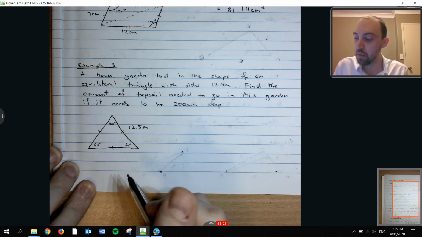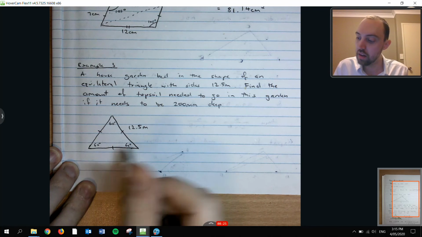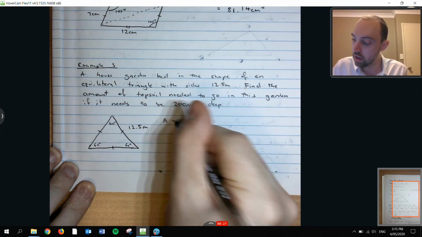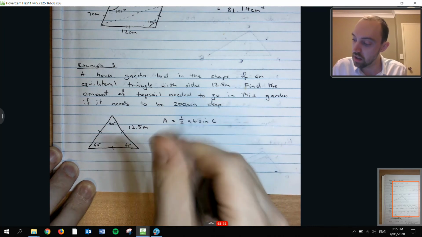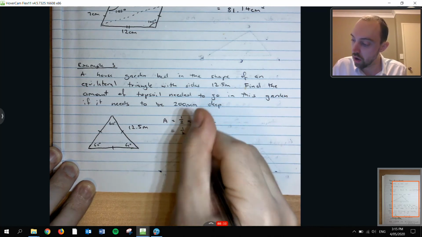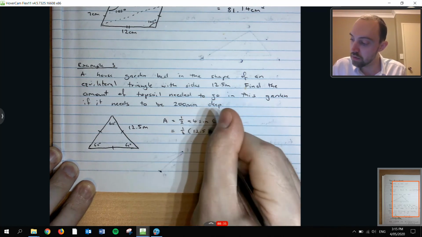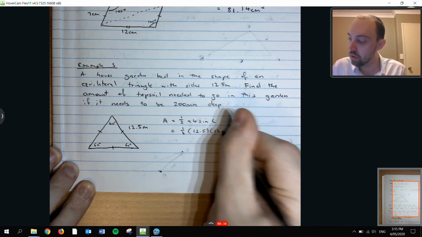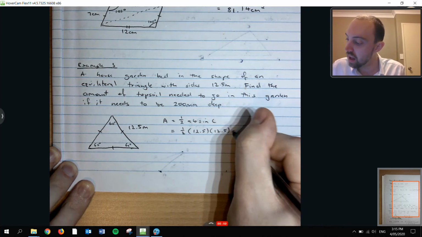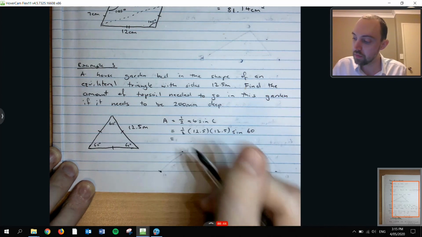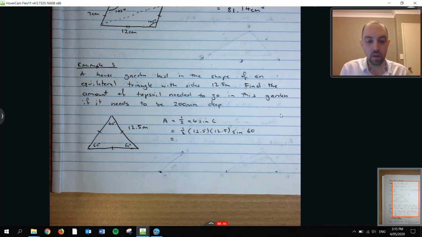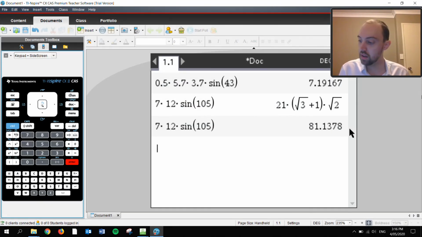It doesn't really matter where we start here. The area is still half ab sine C: half of 12.5 times 12.5 and sine 60. And we'll work this out right now.